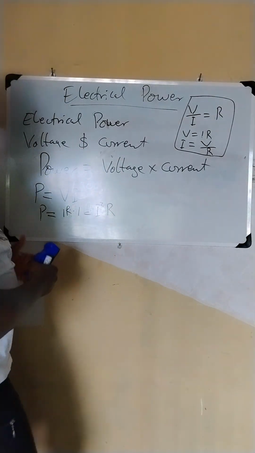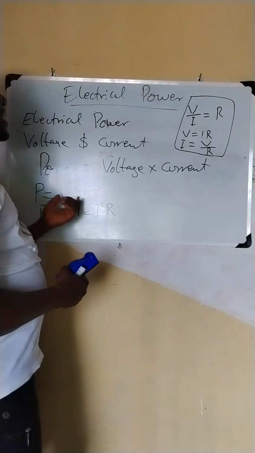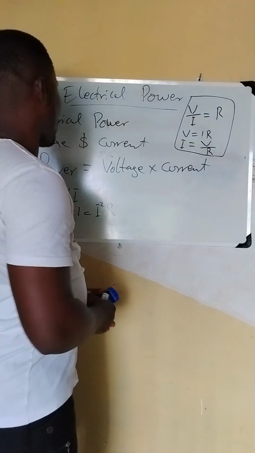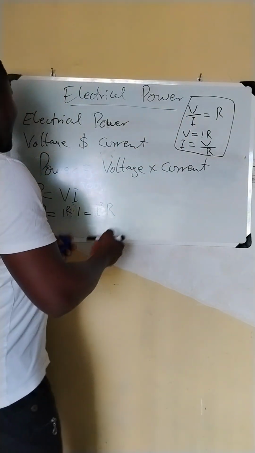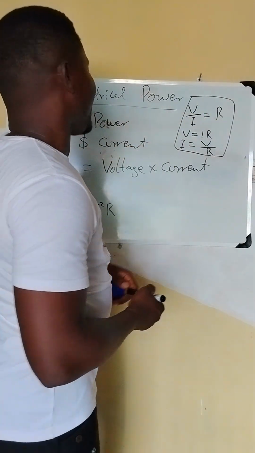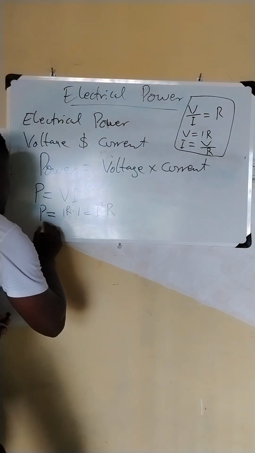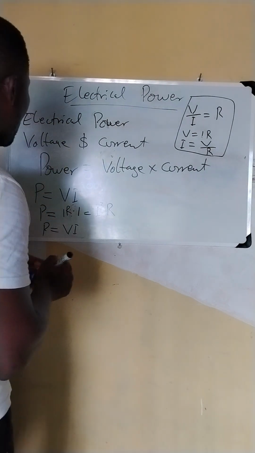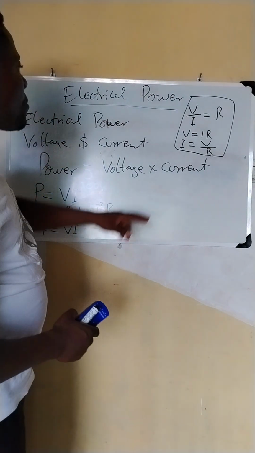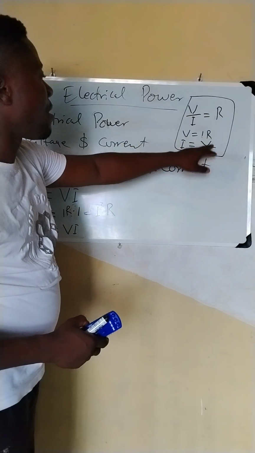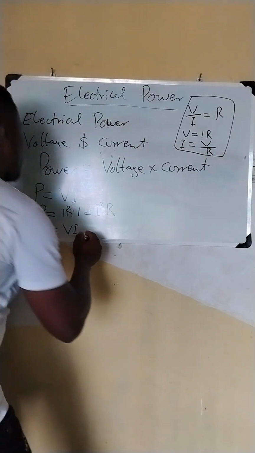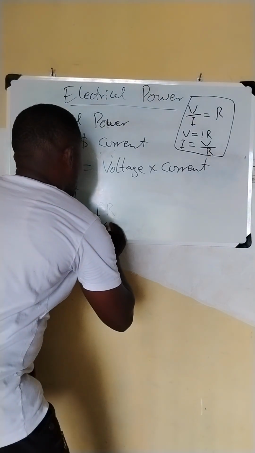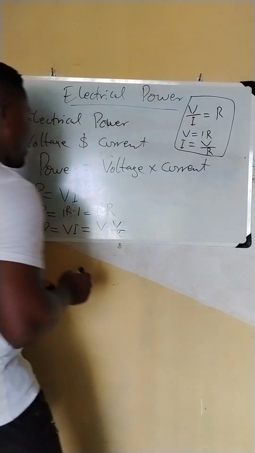Now look at it, what if you have voltage and resistance? How can you express power in terms of voltage and resistance? Since you know that P is equal to VI, here you are looking for I. Now from Ohm's law, I is equal to V all over R. So you now come here, this is equal to V times V all over R. Are you seeing that?